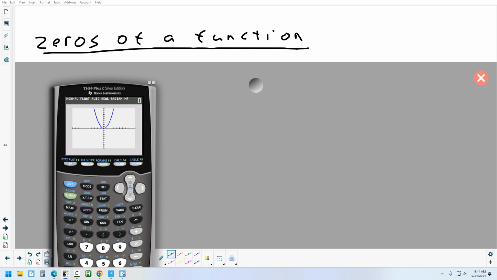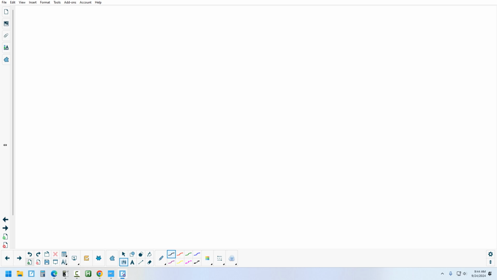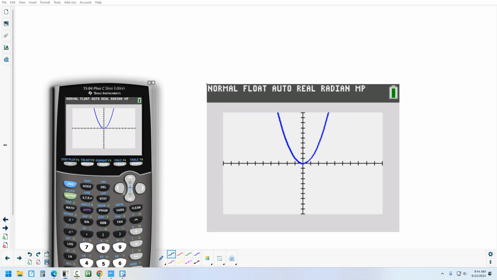Besides one time, is there a different number of times that I could somehow draw a parabola and have it cross the x-axis more than once or less than once? Yeah, how could I draw a parabola differently and have it cross either more than one time or less than one time?